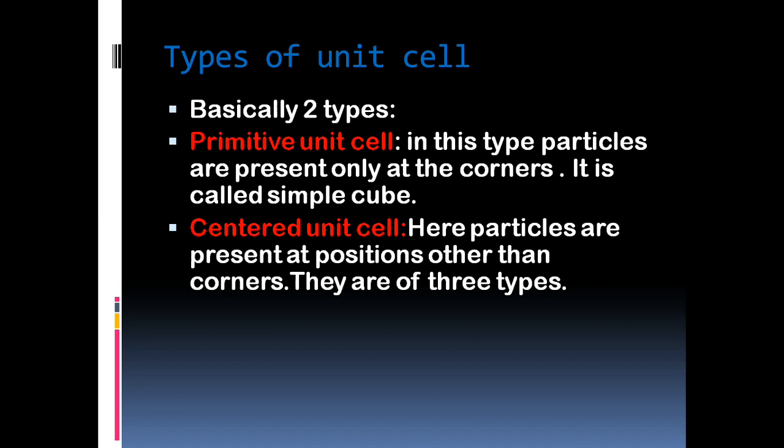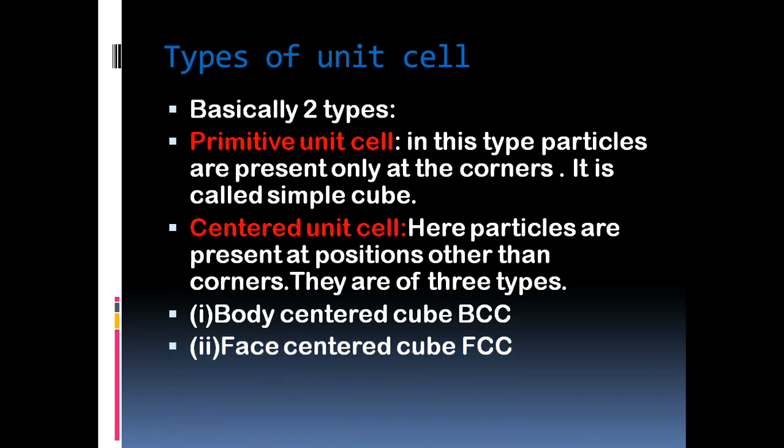So, in this category, again we have got three types. First one is body centered cubic cell, BCC. Second one is face centered cubic cell, FCC. Third one is end centered cubic cell, ECC.